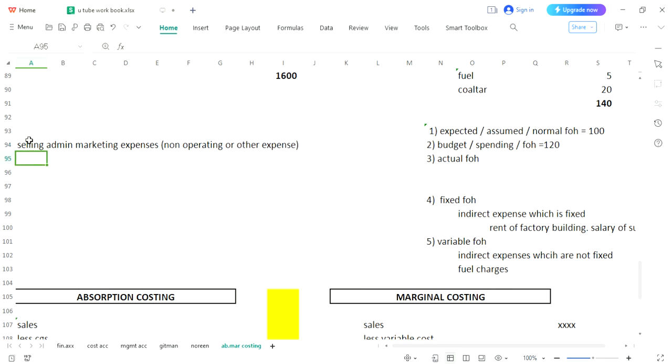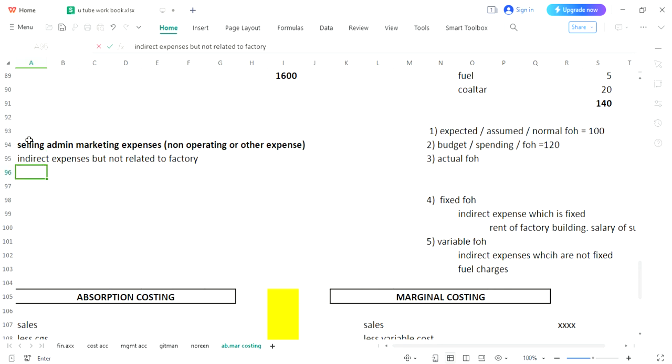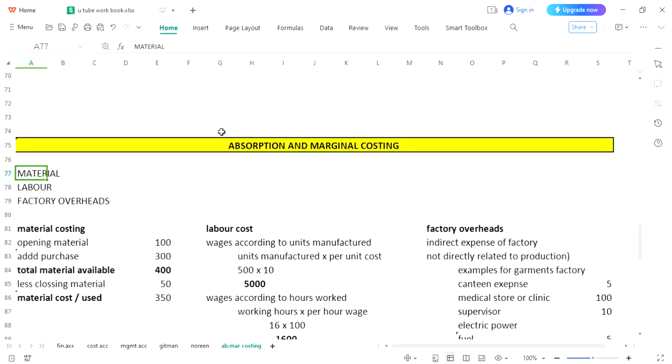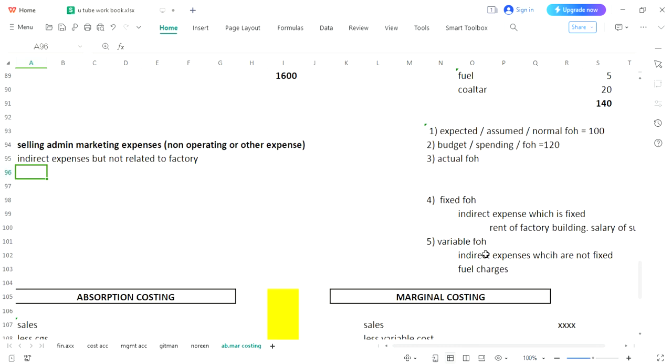Again, by definition, they are indirect expenses but not related to the factory. And what was FH? As you have seen, indirect expenses inside the factory. Here, they are indirect expenses not inside the factory, not related to the factory.